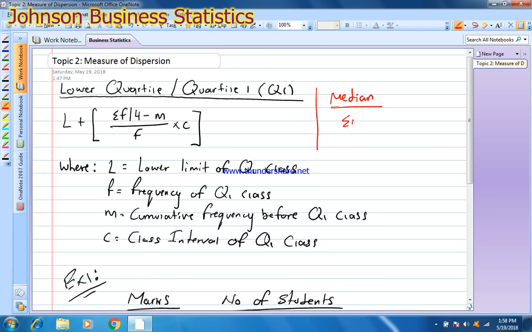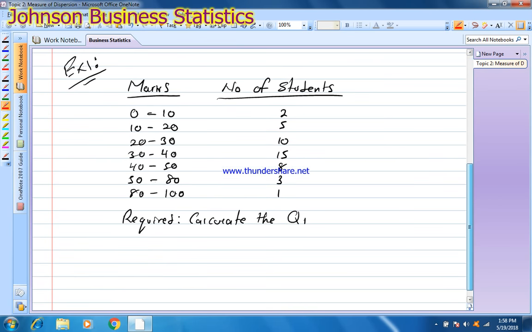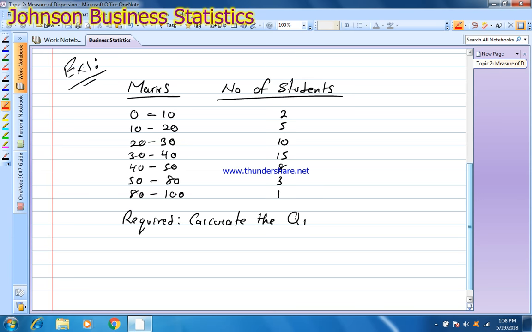We take total f divided by 2, correct? So over here the difference is we're going to take the total f divided by 4. That's the difference. All the other workings are the same.